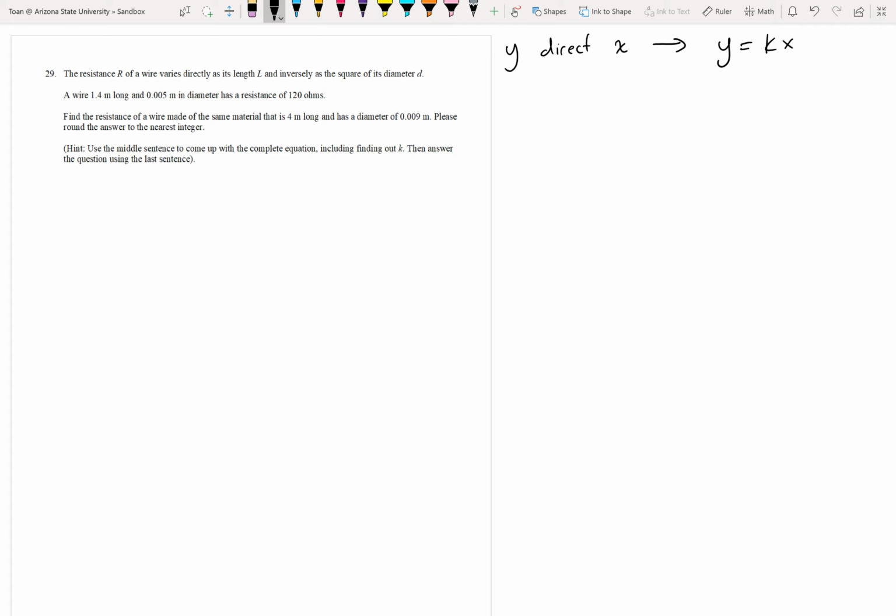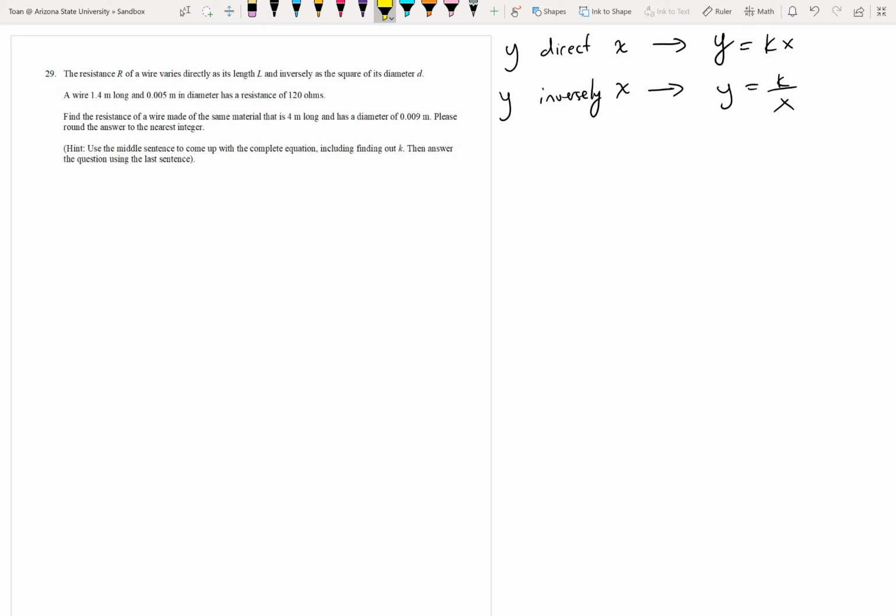Now if you read the word inversely, they could use variations, proportions, doesn't matter, but the key word is inversely. The setup is y equals k over x. So notice that if it's a directly proportional or direct variation problem, the variables in question are sort of on the same level in terms of fractions. They're both in the numerator. There's no fraction.